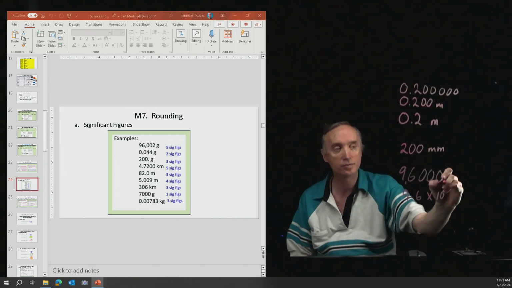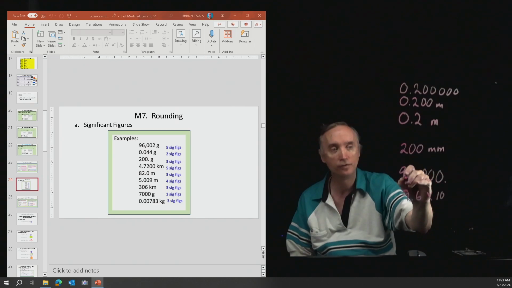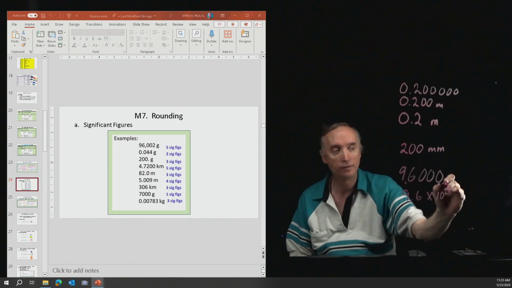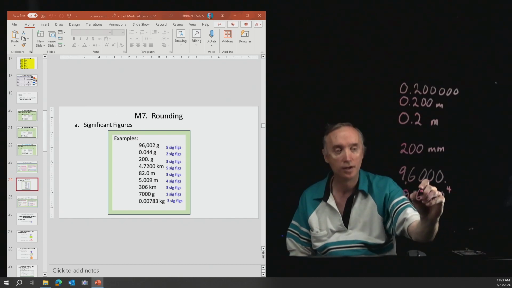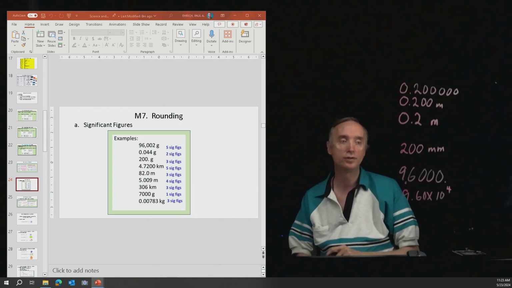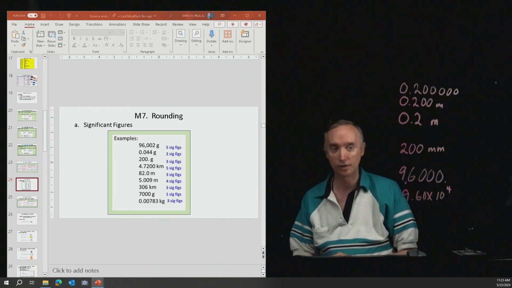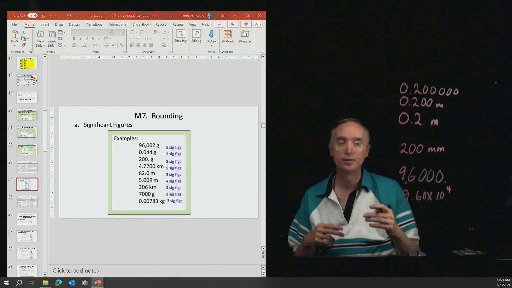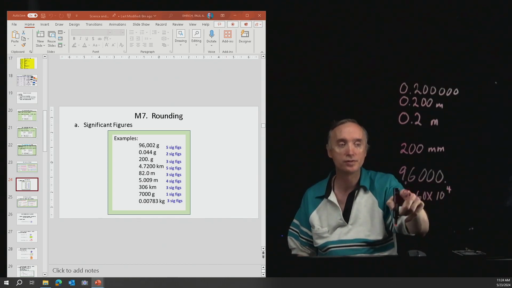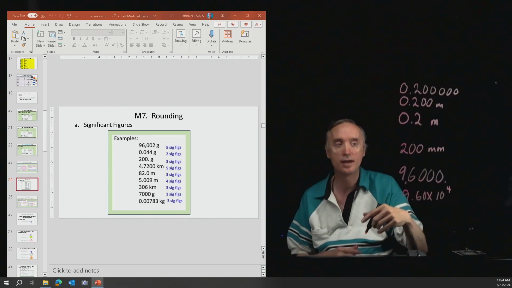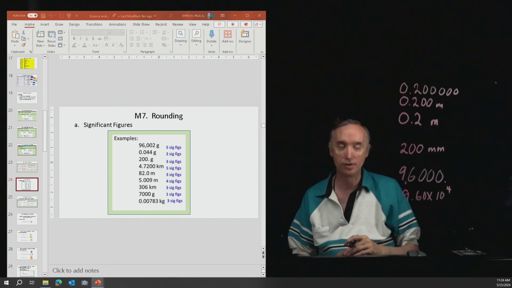Here's where the decimal point used to be, and we're going to move it 1, 2, 3, 4 so that we have that. So this would be good to 2 significant figures. If we put an extra 0 on there, then it's going to be good to 3 significant figures. So that's how, to be very, very precise, you can write numbers in scientific notation, and then that explicitly tells how many significant figures you have.